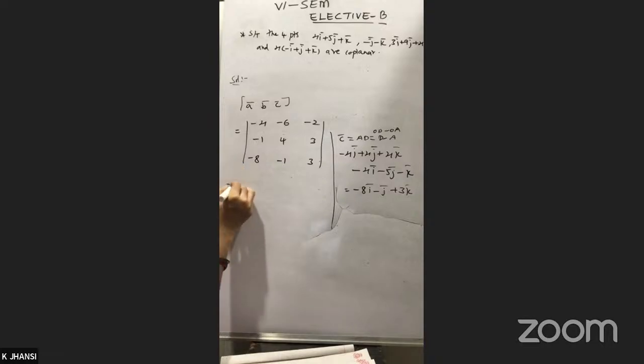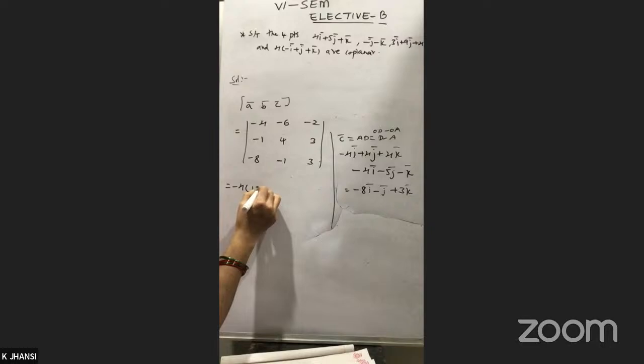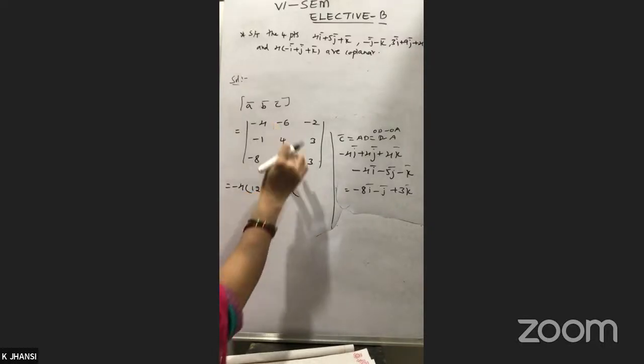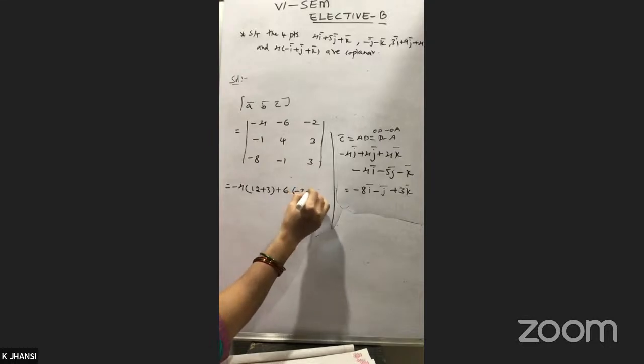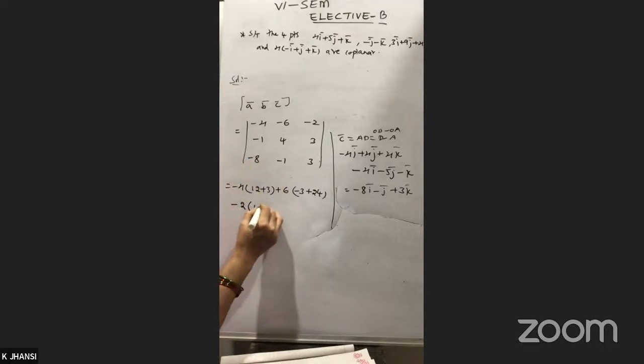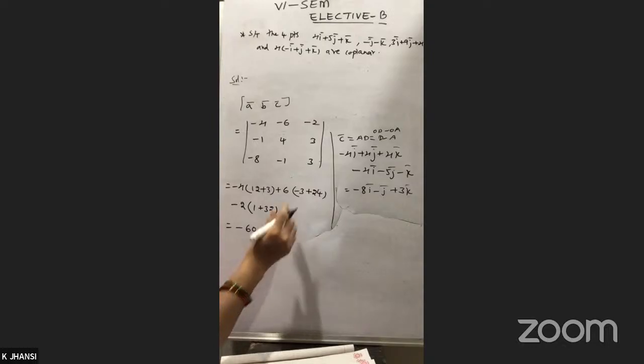So that is -4 into (4 times 3 is 12 plus 3), minus of minus, plus 6 times (-3 plus 8 times 3 is 24), minus 2 into (8 times 4 is 32, minus 15 times 4 is 60).